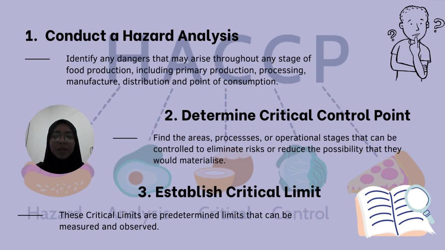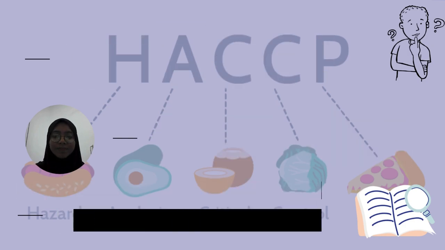Number 3, establish critical limits. Critical limits are predetermined limits that can be measured and observed. Others utilize pH, humidity, and salt content, while some specifically use temperature and time. There are numbers that, if they are exceeded or not reached, will cause the specific CCP to lose control.